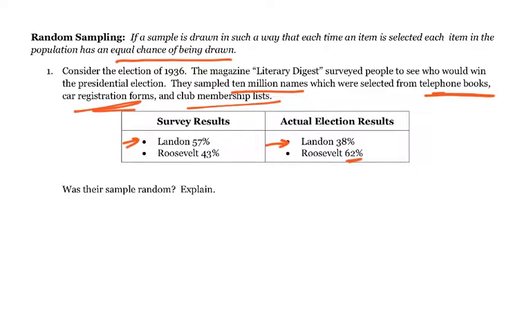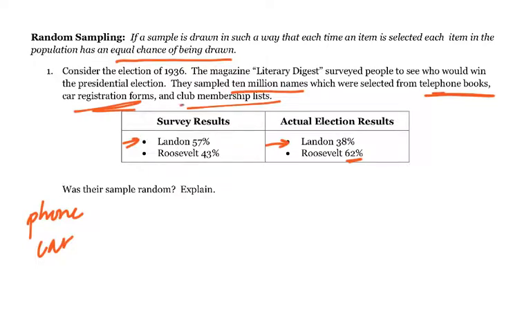So the question we can ask is, was their sample actually random? Thinking about the situation, if you have a telephone number, that means you have a phone. And if you have a car registration, that means that you own a car.